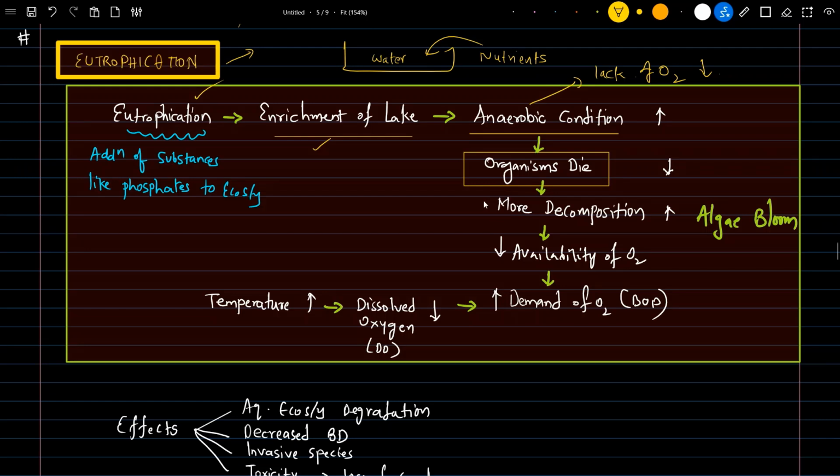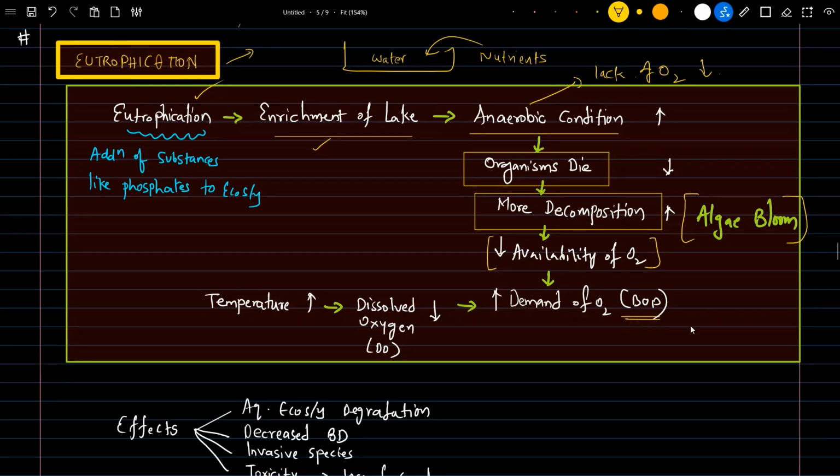If it happens, there will be more decomposition. Whichever organisms have died will undergo decomposition. The decomposition rate will be high, which is simply called an algae bloom. To decompose them, a large algae bloom will happen, so it again further decreases the availability of oxygen.